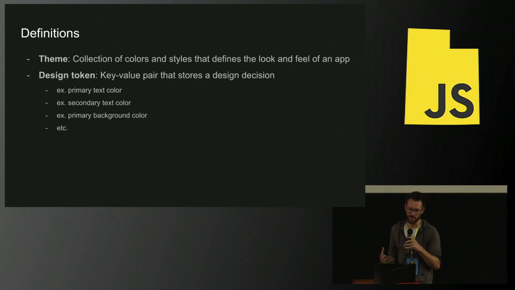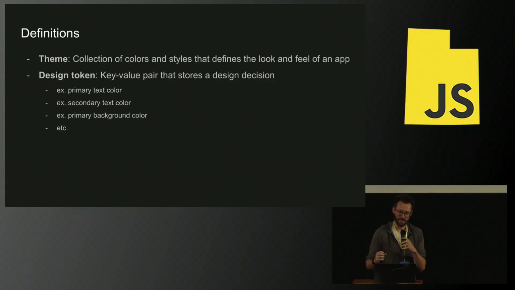So design token is really just a fancy word for a key value pair that stores a design decision. So for instance, you might have a design token for your primary text color, or your secondary text color, or your primary background color, right? So again, just a simple key value pair. Primary text is black or white.